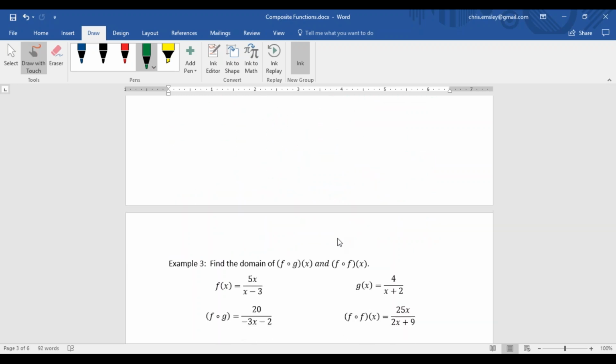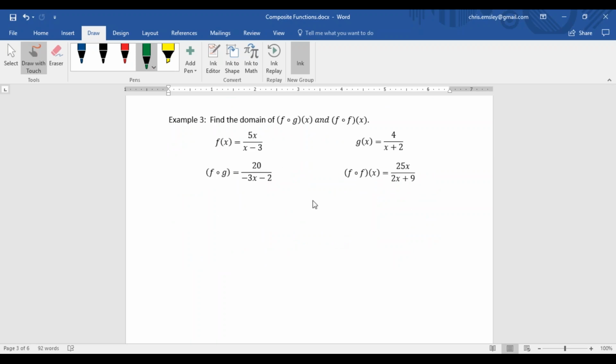Okay, and then example 3 was the one we did with the rational functions in it. So again, we'll find the domain of both of those. The domain of f of g of x first. Okay, start with the domain of the inside function, so the domain of g. And over here is our original g of x.